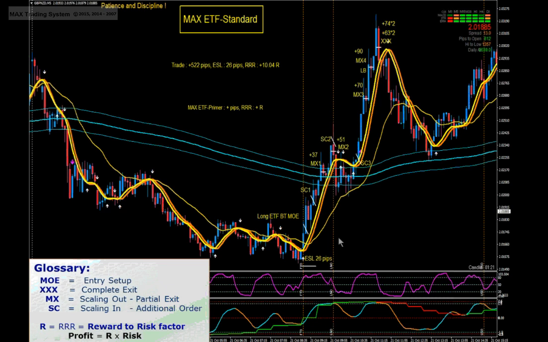Now with that scaling technique, and provided we control the risk with an appropriate scaling out and stop loss adjustment, the result is completely different. Now we have got a total of 522 pips, representing with the same stop loss, or perhaps a stop loss different from the previous example, a total reward to risk ratio of 10.04 R. We can compare these 10.04 R with the result of the Max Primer, which was 3.71.